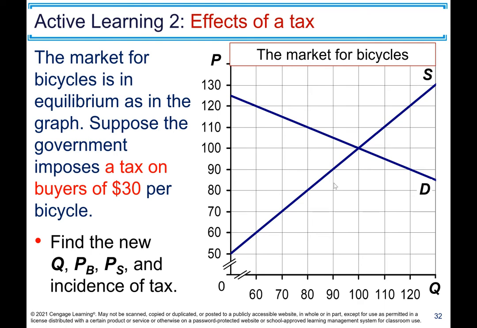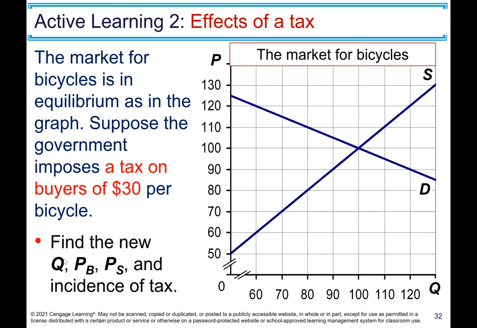Active learning 2, effect of a tax. The market for bicycles is in equilibrium as in the graph. Suppose the government imposes a tax on buyers of $30 per bicycle. So you will identify a vertical line connecting demand and supply, and that will be the tax.